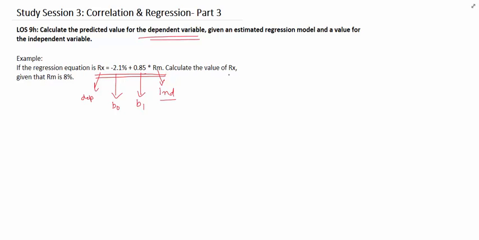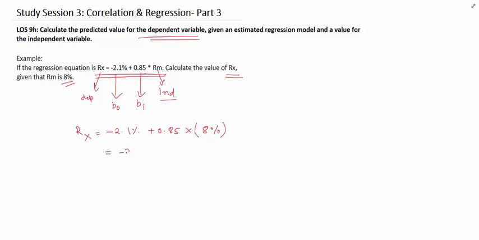It is asking us to calculate the value of Rx given that the value of Rm is 8%. So basically you have to substitute the value in this equation. Rx is minus 2.1% plus 0.85 into Rm, and Rm is 8%.